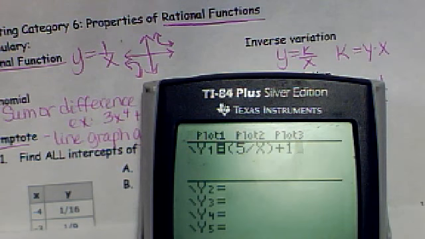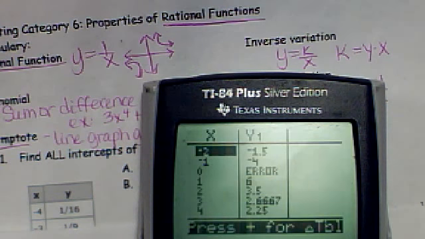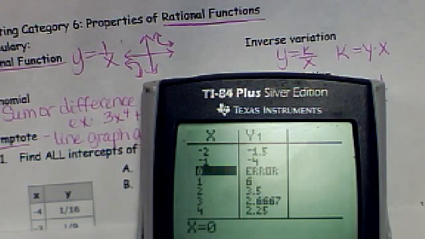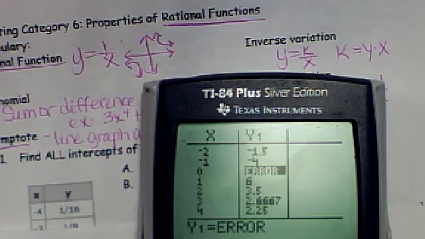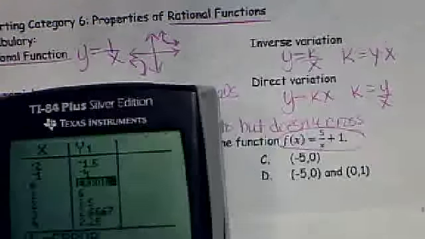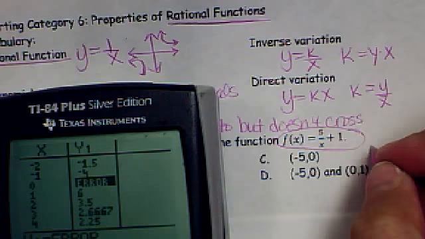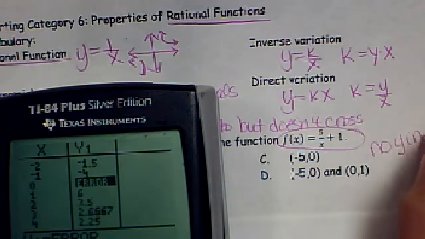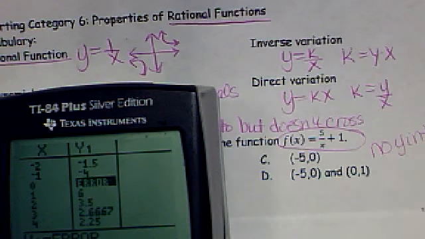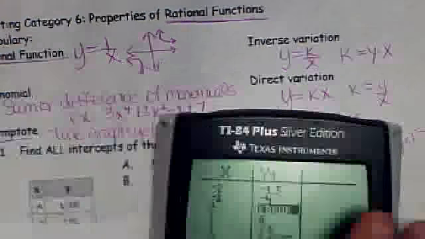So x-intercepts are where the y is 0, y-intercepts are where the x is 0. So I'm going to go to my table, and I can see when x is 0, there's an error message. So what that means is there is no y-intercept. When x is 0, there's no y-intercept because there's an error message there.